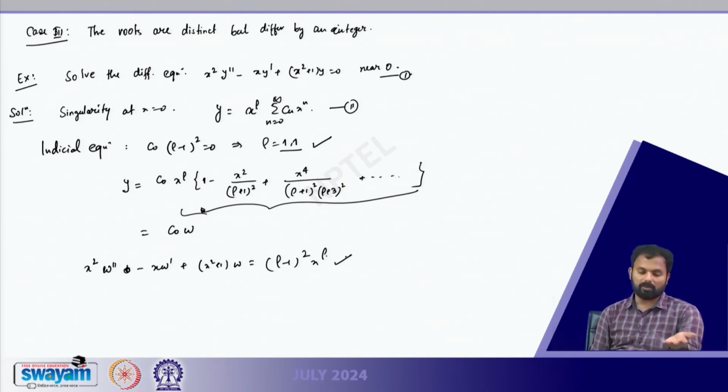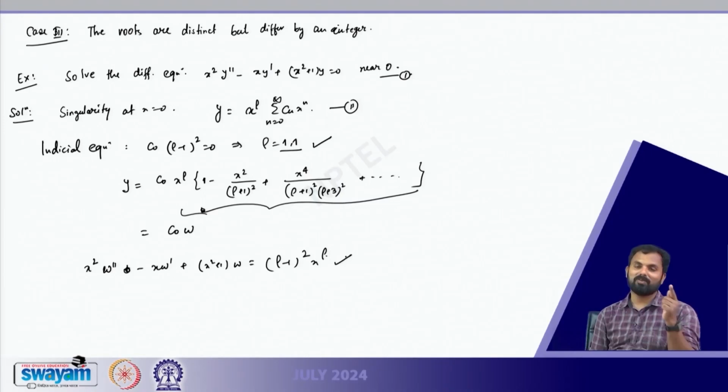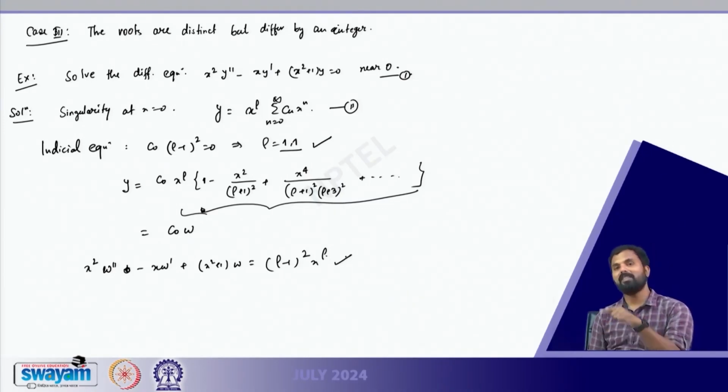Therefore, both w and dw by d rho are solutions for rho equals to 1, and therefore, you evaluate w at rho equals to 1, you evaluate dw by d rho at rho equals to 1, and then you write down the solution as y equals to a w plus b dw by d rho at rho equals to 1. So, we did all these things.